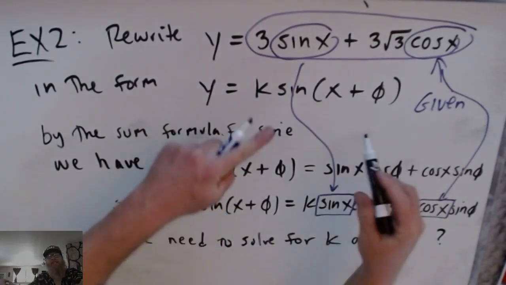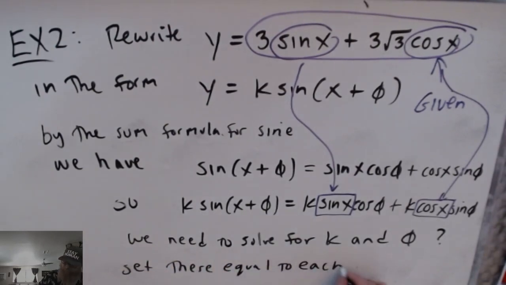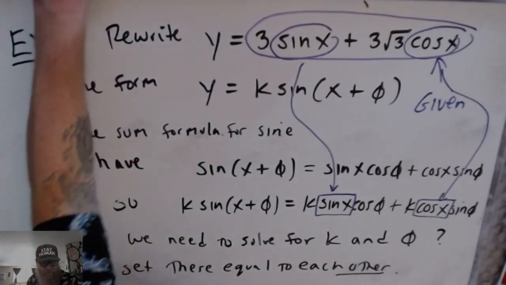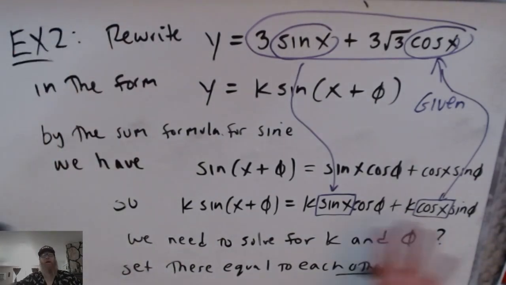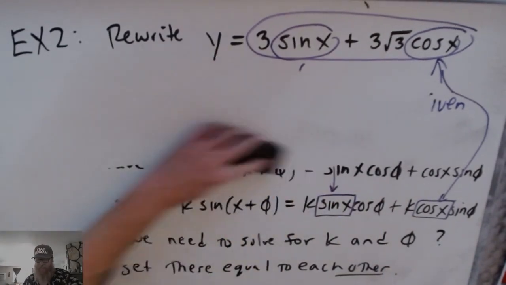And so we're just going to set these equal to each other and solve. I'm running out of space, so I'll get to that in a second. So we're going to set these equal to each other.